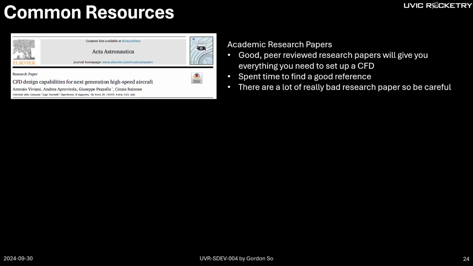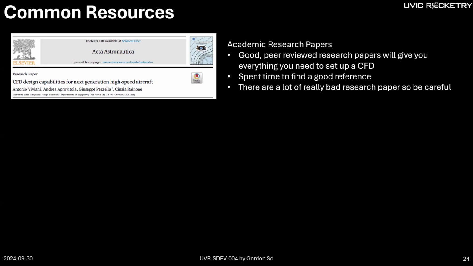So common resources, of course, our best friend, academic research papers. Try to use published peer-reviewed papers, but oftentimes they are really hard to find. So make sure you read through all the papers quickly and understand what they're doing. And usually you will find really bad quality papers.